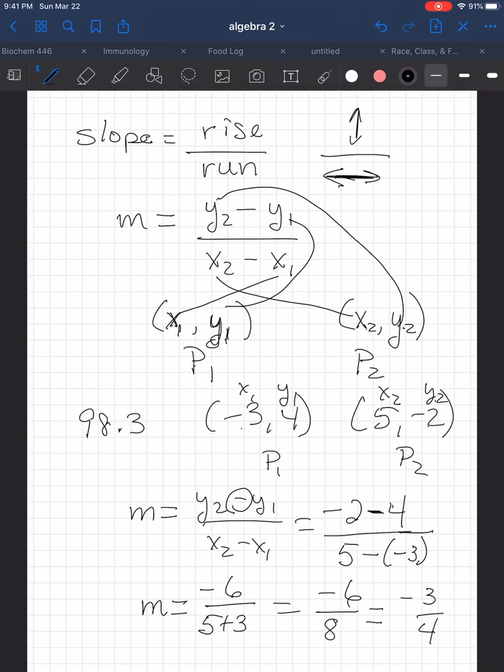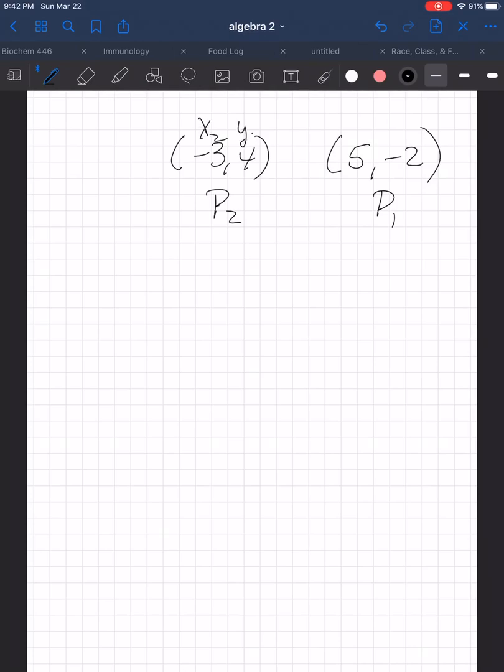Okay, the last example in this lesson is actually to find the slope between those same 2 points. So between -3, 4 and 5, -2, only this time they want this to be point 2 and this to be point 1. So this will be x2, y2. This will be x1, y1.